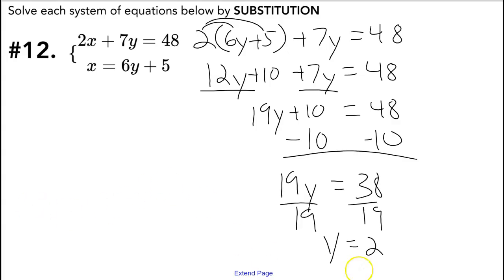Now I know that y is equal to 2, and I'm going to plug it back into one of these two equations, and I can plug it into either one, but I'm going to plug it into this one. x is equal to 6y plus 5. It says y is equal to 2. I plug in 2 here.